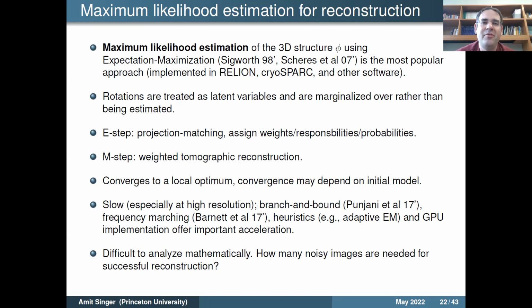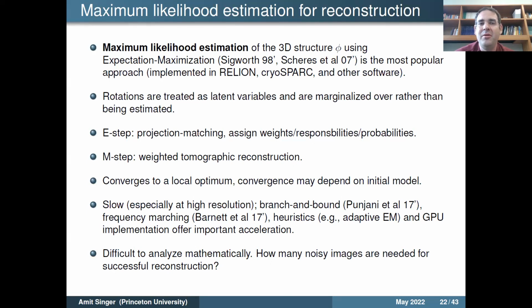The most popular method nowadays for estimating the 3D structure in cryo-EM is based on maximum likelihood estimation, MLE. This was proposed already in '98 by Sigworth and was implemented and perfected by Scheres and others.